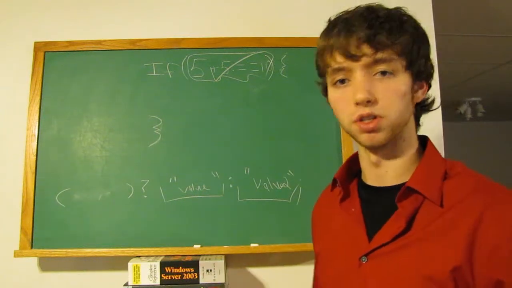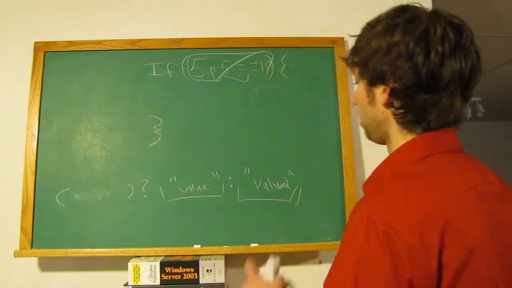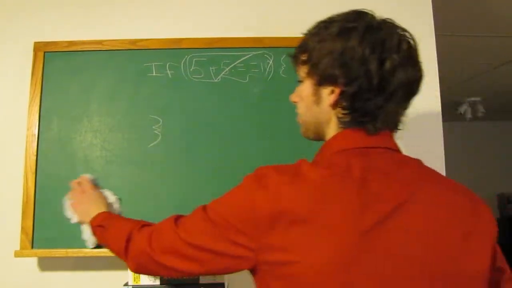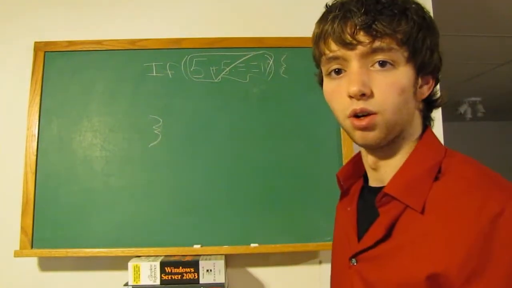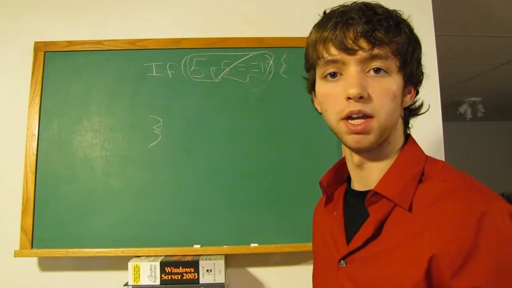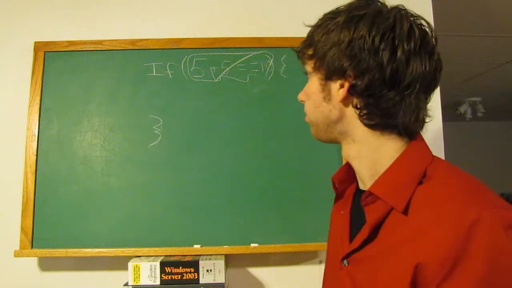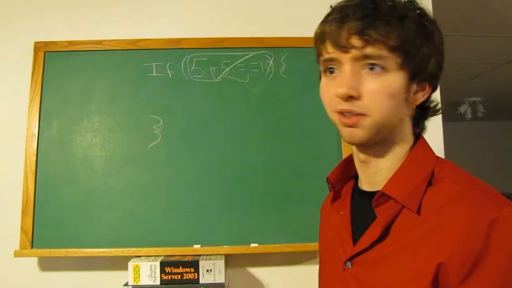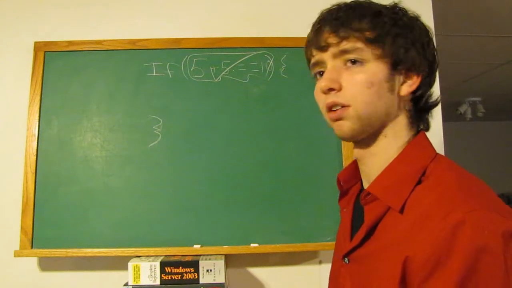So that's one more difference between these two things. And you will see both, but more often than not you will see if statements. So yeah, that is the basic if statement. You may hear it as if conditional or if control structure, but you probably won't hear that one. And I think that's all I have to say for that.